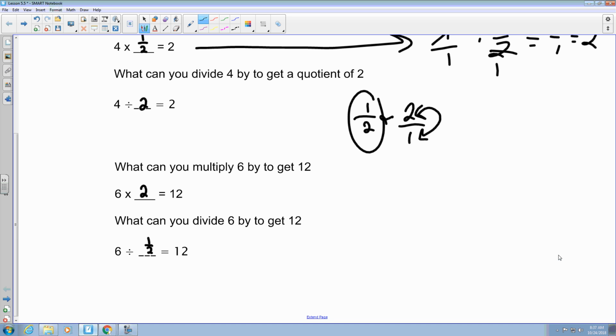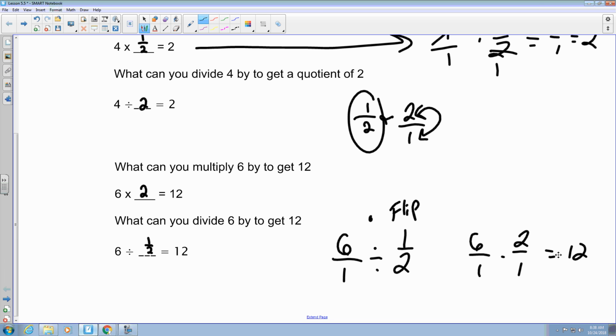When we talk about dividing fractions, what we're going to do is change this to a multiplication problem, and we are going to flip the second value. So now I have 6 over 1, turn it into multiplication, and when I flip it, it turns into 2 over 1, and it gives us a result of 12.